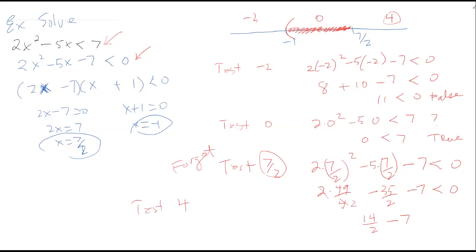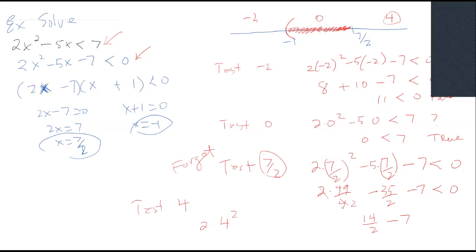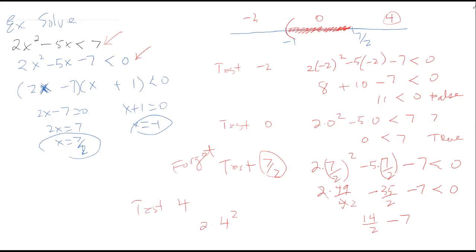So I have 2 times 4 squared minus 5 times 4, and then minus 7.